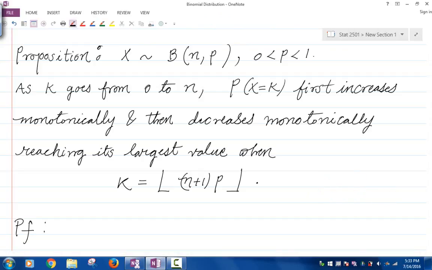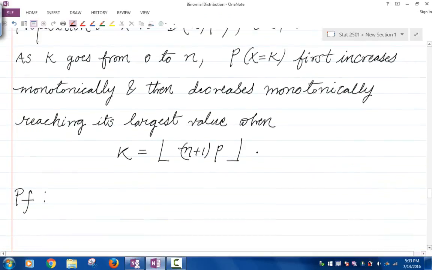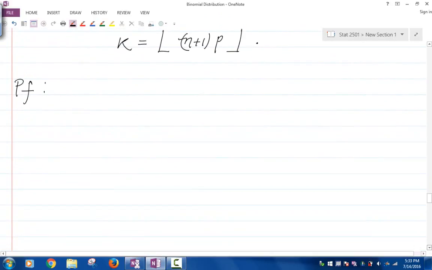Alright, so how do we prove something like this? Well, what we're going to do is look at the probability that x is k divided by the probability that x is k minus 1.